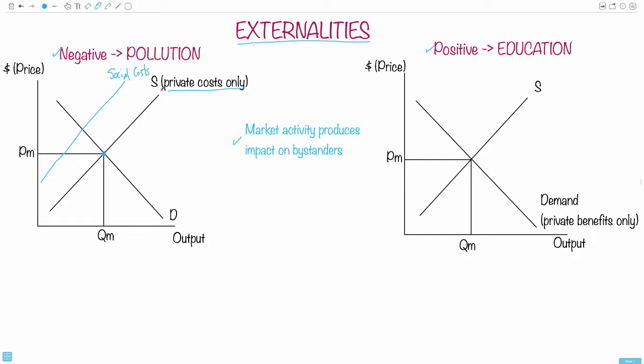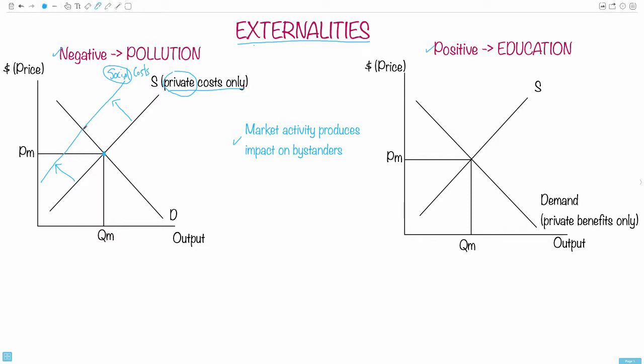But from the social point of view, they should be taken into account. In fact, if companies were taking into account not only the private cost, but also the social cost, the supply would not be here on this black line. The supply would be here, lower. It would shift to the left to reach the social cost curve.